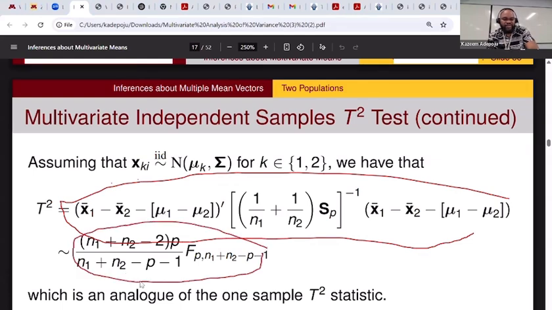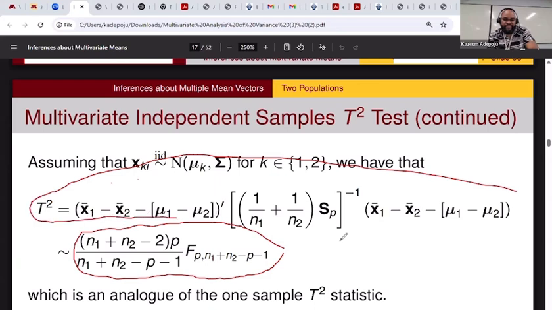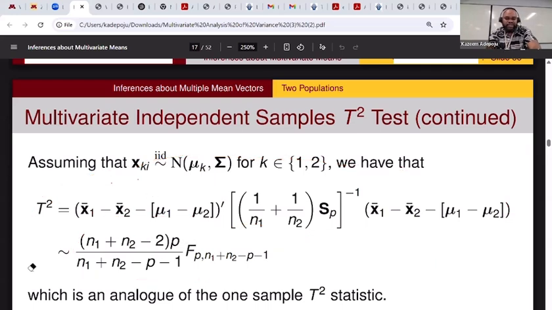This is going to be the critical value. This is going to be the test statistic. So when the test statistic is greater than the critical value, the null hypothesis will be rejected. Okay, is there any question on that?